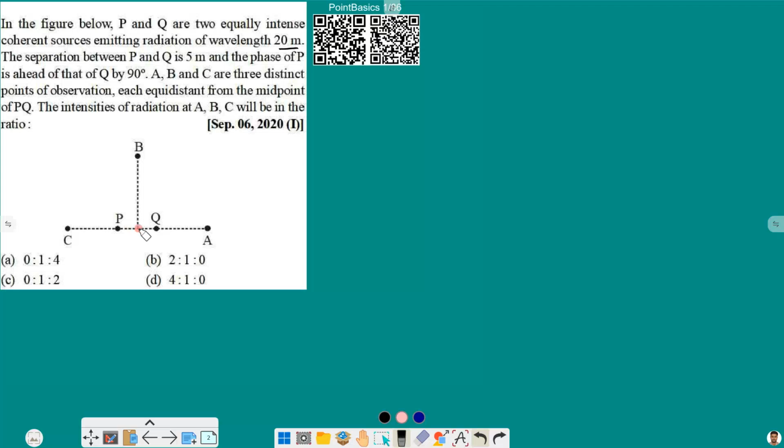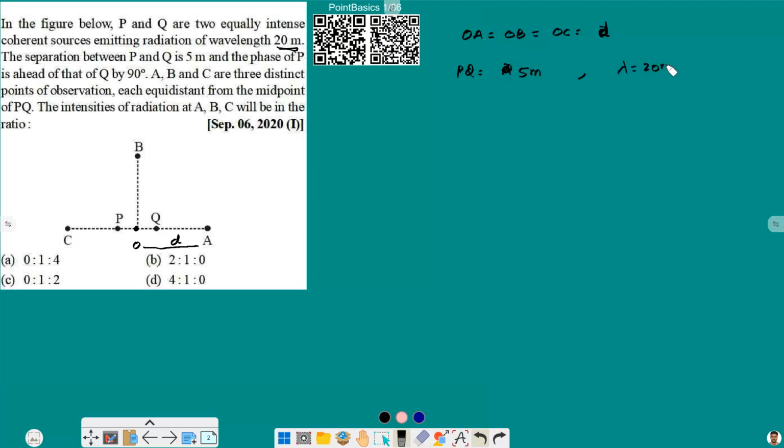So let us suppose that the midpoint is point O and the distance OA is equal to D. So here we will have OA equal to OB equal to OC, and that is basically equal to D. And the distance between P and Q, PQ, is equal to, sorry, not lambda, it is 5 meter.